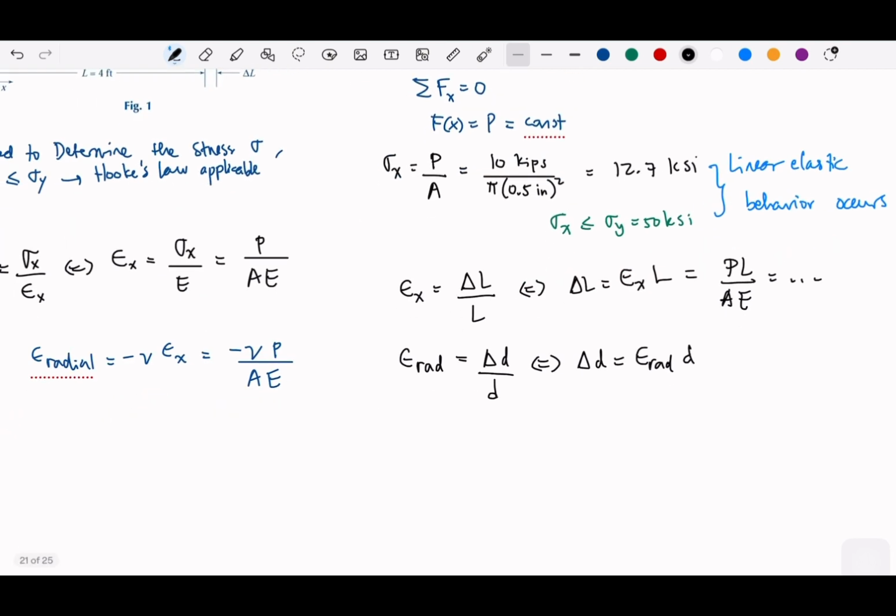And then the radial, we could get this from the Poisson ratio. So negative Poisson ratio, P, A, E, and D. Okay, and then you get the number from here. I think I will leave the numbers to you.